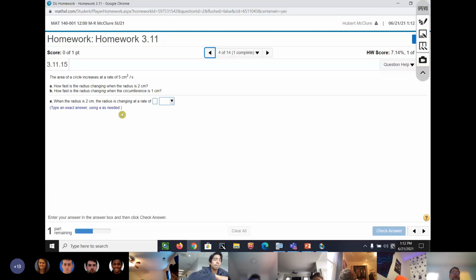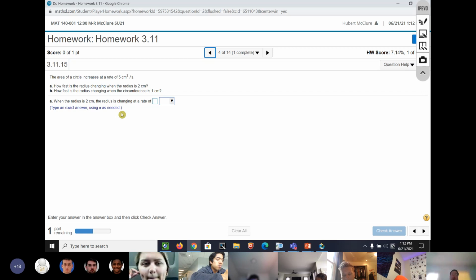A, how fast is the radius changing when the radius is 2 centimeters? And B, how fast is the radius changing when the circumference equals 1 centimeter?